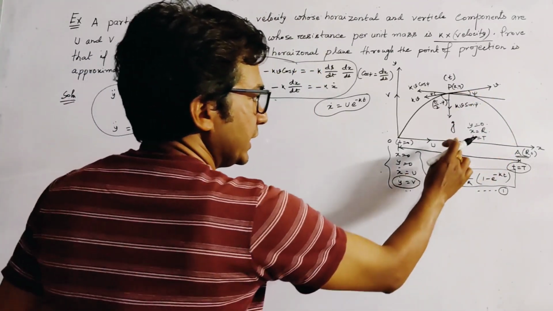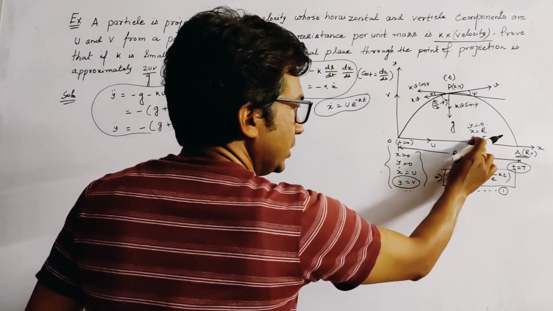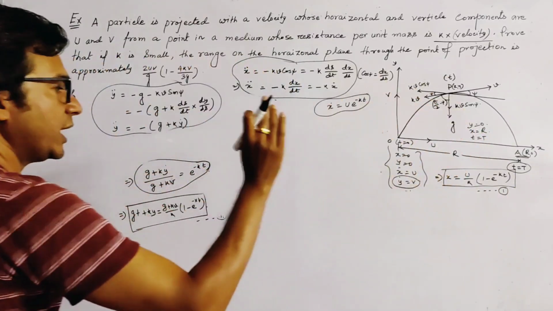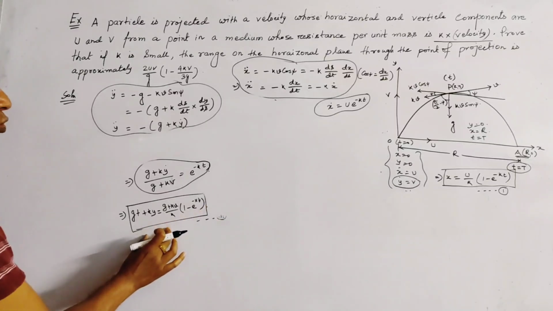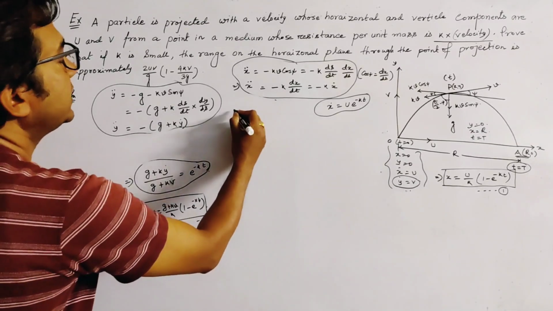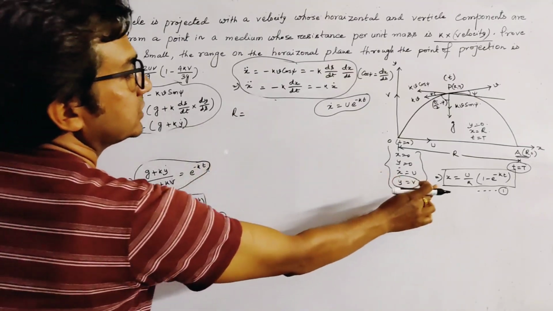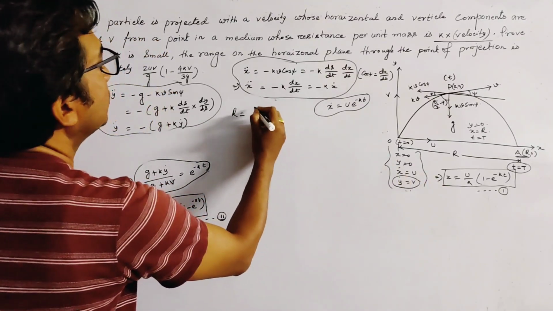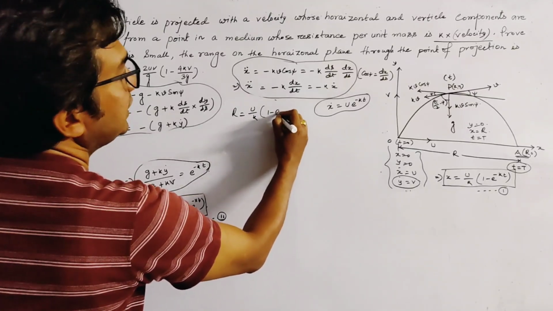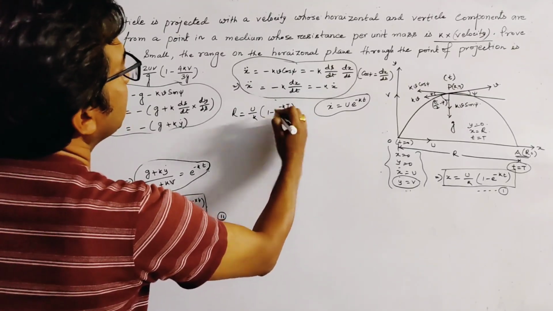So we put x equal to R and t equal to capital T in 1, and y equal to 0 and t equal to capital T in 2. And we get the relation from 1: R equal to u by k into 1 minus e to the power minus kT.